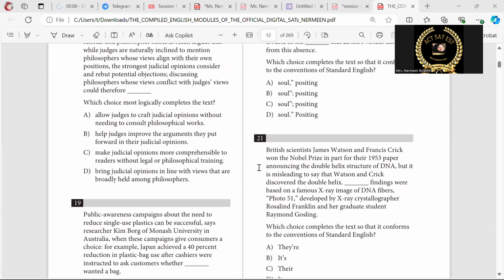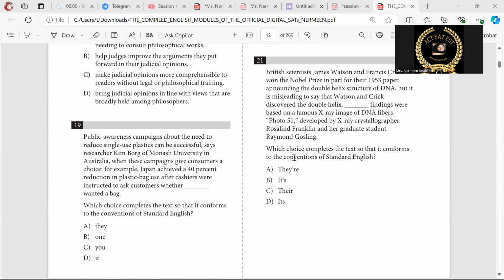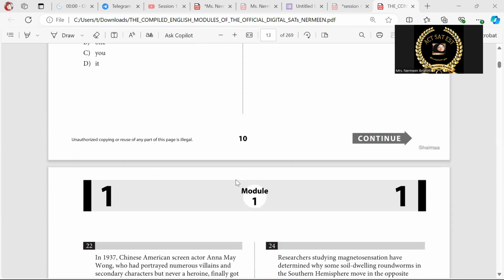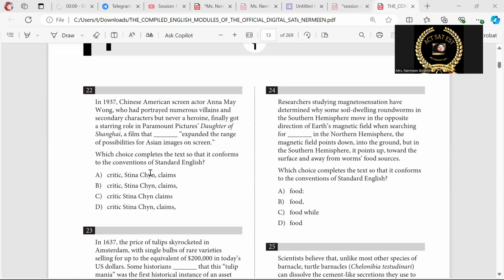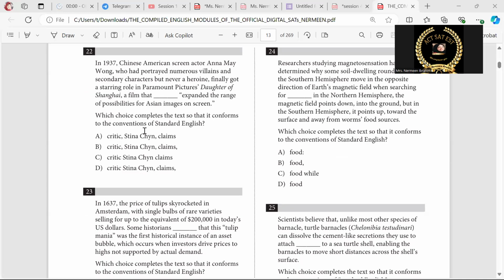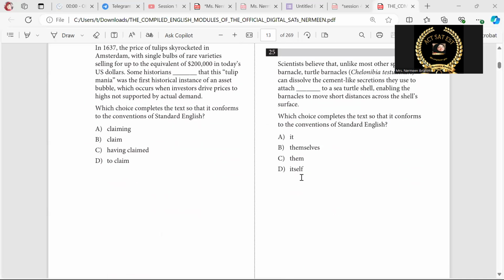Here, for example, that's a punctuation question because we have different punctuation marks. That's a pronoun question because we have different pronouns. The same here, different pronouns, that's a pronoun question. Punctuation question. This belongs to one of the topics we were discussing.